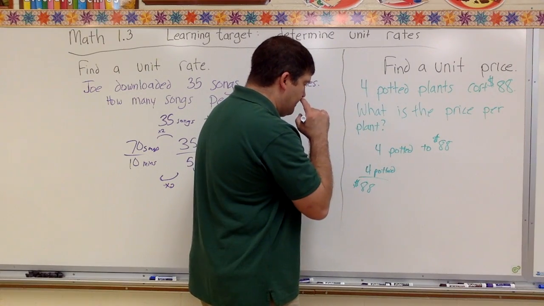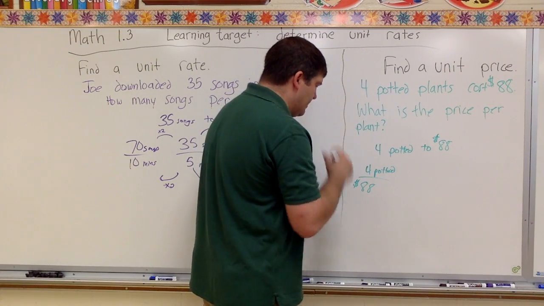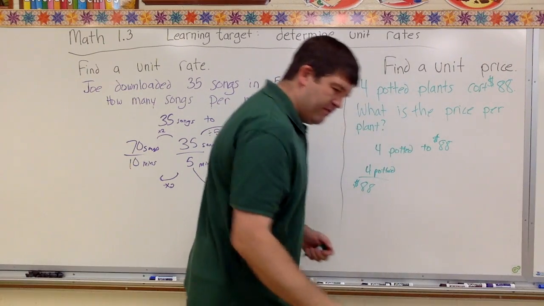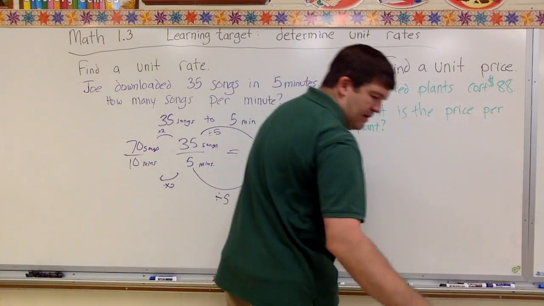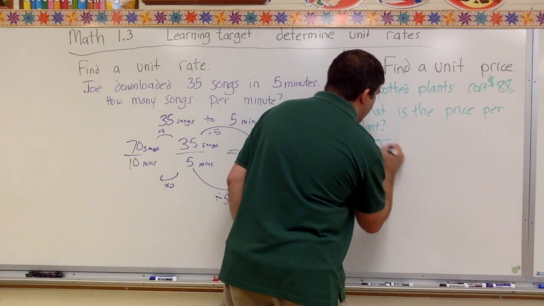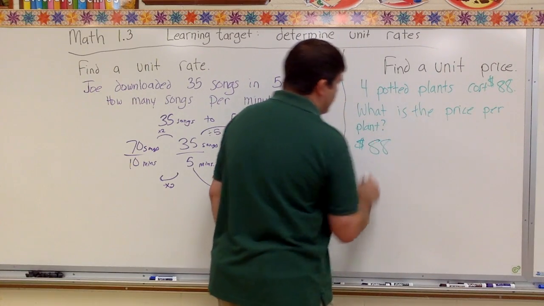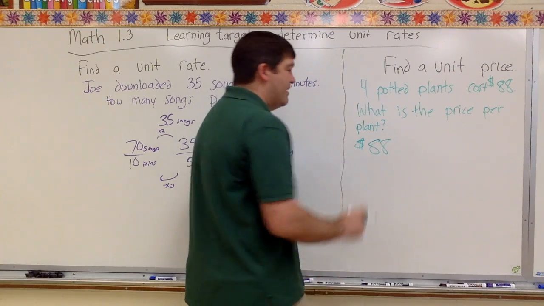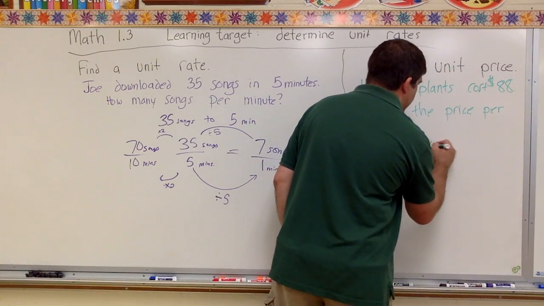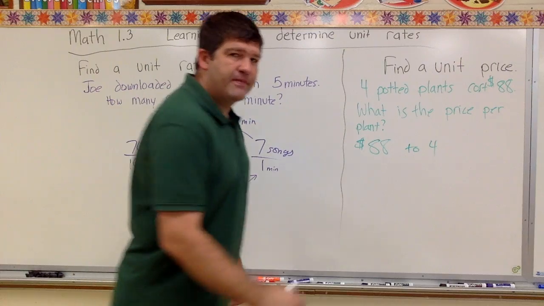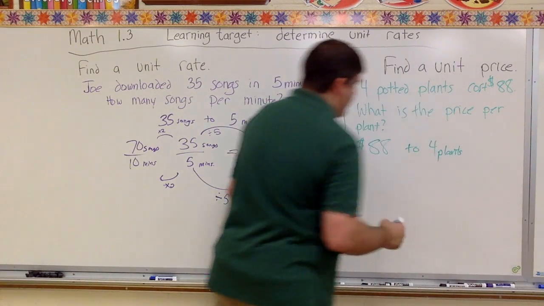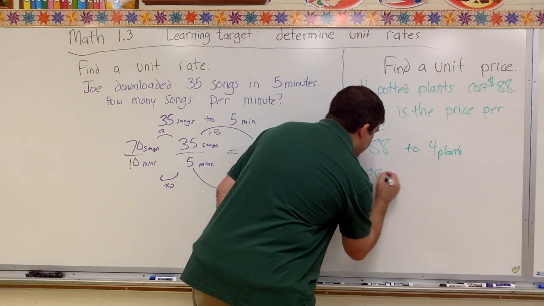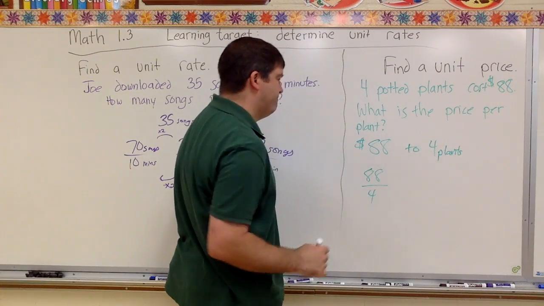Now I want to know what one, and actually I'm going to reverse this a little bit. I'm going to say for every $88 I spend for these plants, $88 to the 4 plants. Okay, I'm going to write it that way. Then 88, 4.